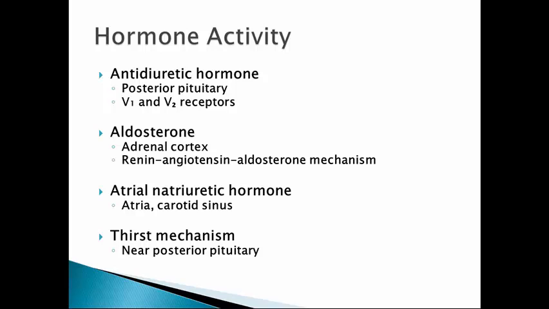So it stimulates the adrenal to produce aldosterone. When we stimulate aldosterone, this stimulates the kidneys to reabsorb sodium. And the primary site of this is going to be in the distal convoluted tubule and in the collecting ducts.